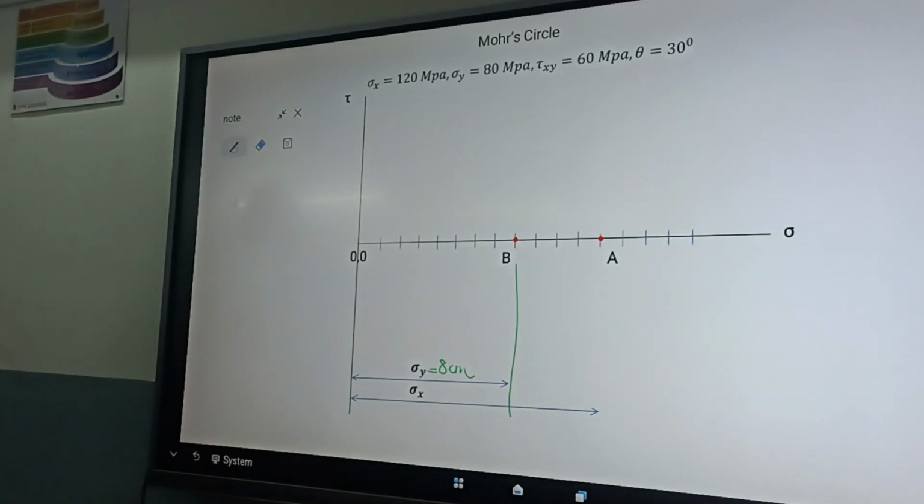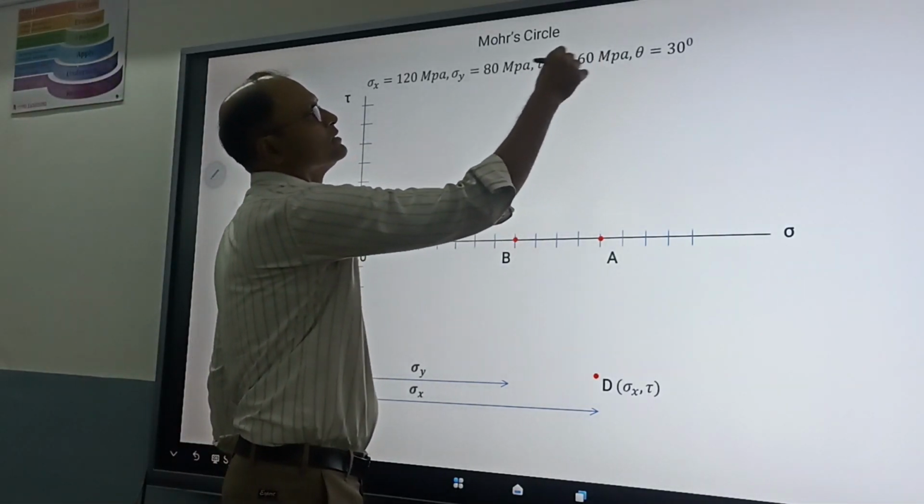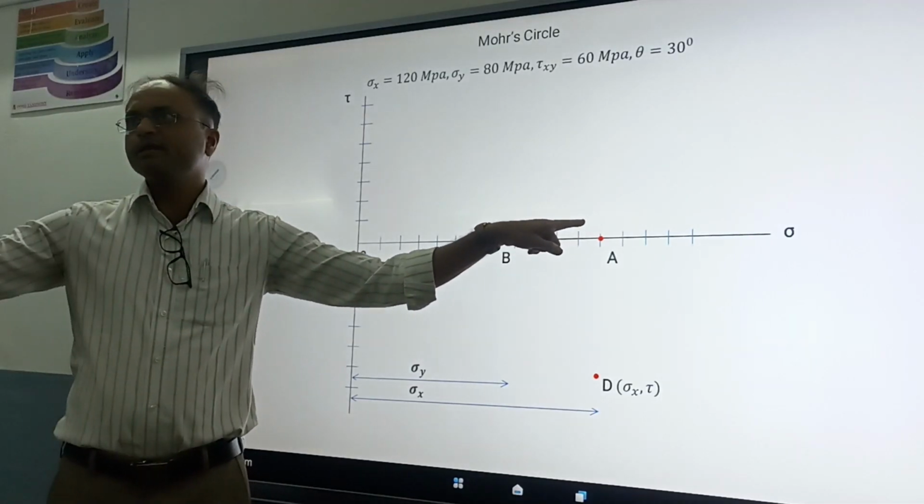Have you done it, everyone? Next step. Now along y axis, how much is the shear stress value? 60 MPa. So from point A, everyone pay attention.